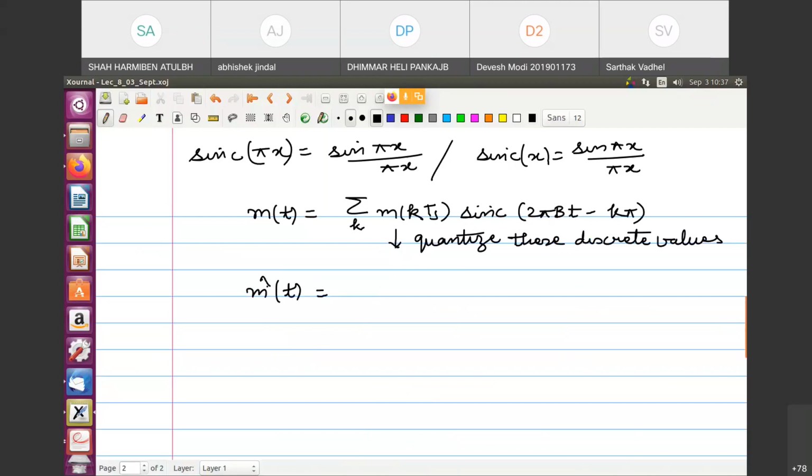I am denoting it by m cap of t. Let us see how much error will come. I represent the quantized samples as m cap of kTs, and then I use the ideal interpolation formula again to recover my original signal. So this is the reconstructed signal.